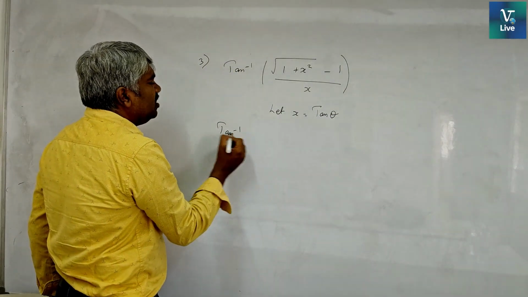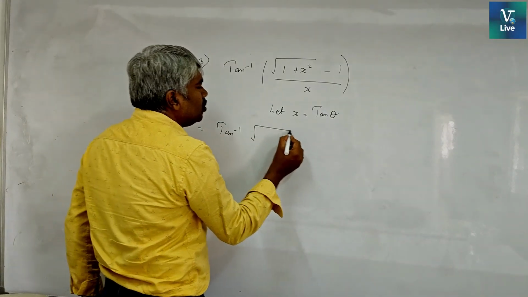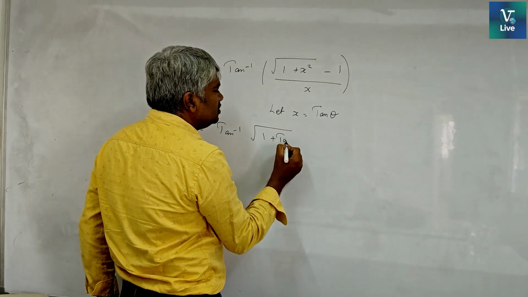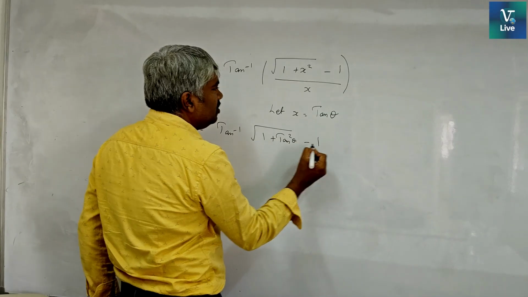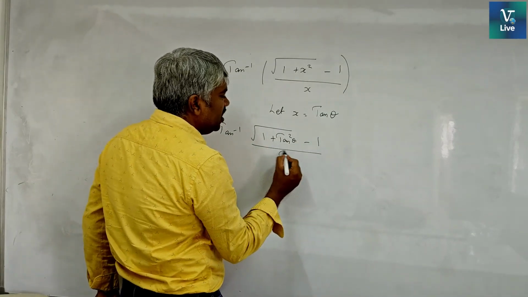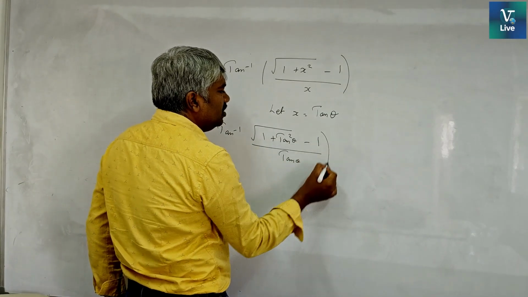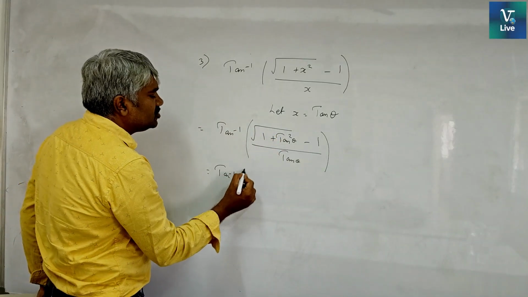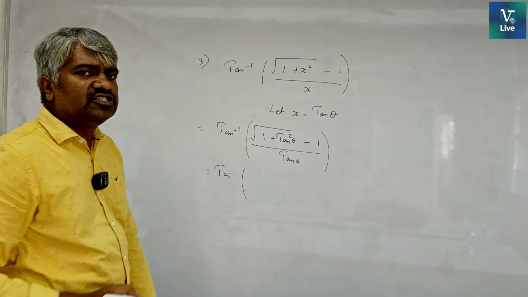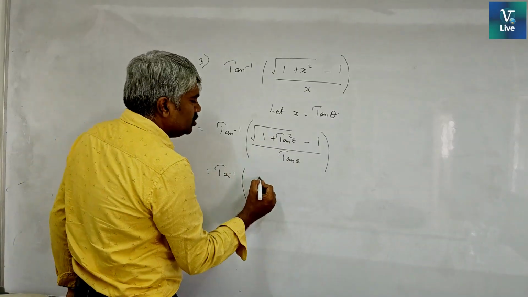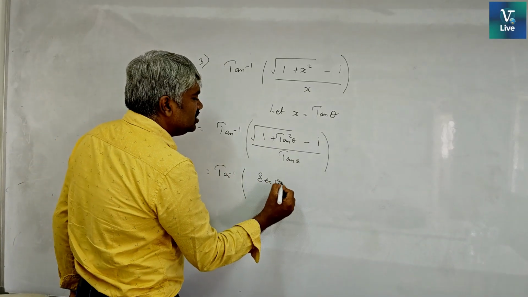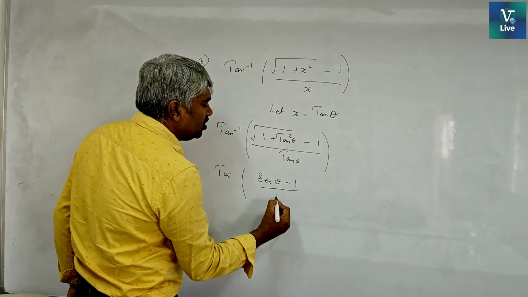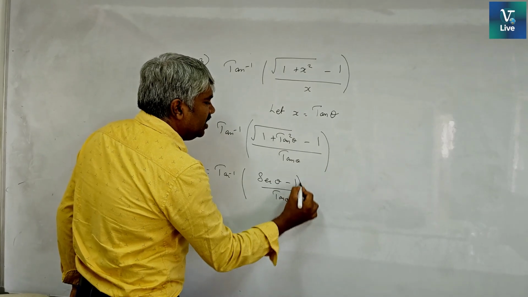So tan inverse of root of 1 plus tan square theta minus 1 by tan theta, right? So we know that 1 plus tan square is secant square. So root of secant square is secant theta minus 1 by tan theta.